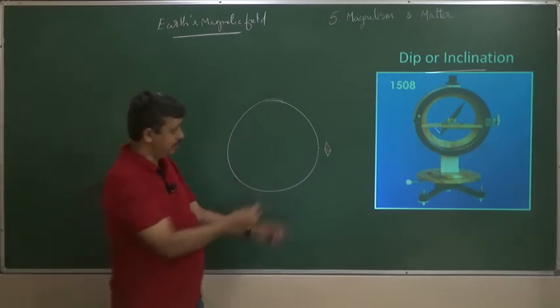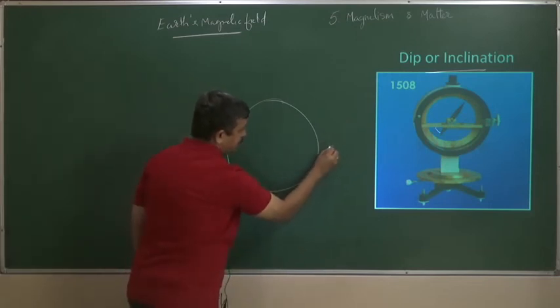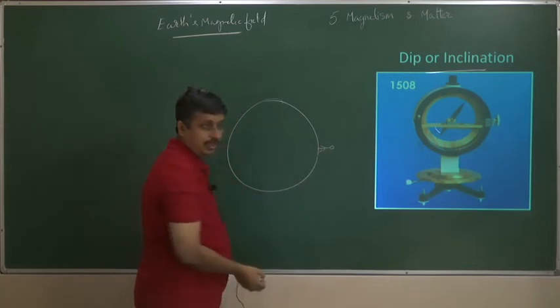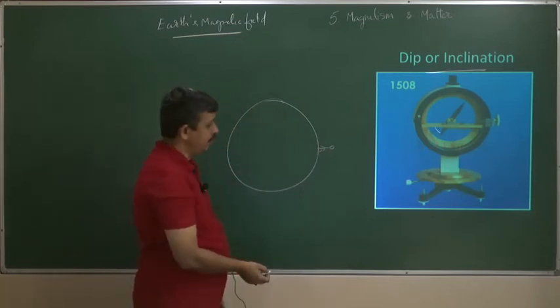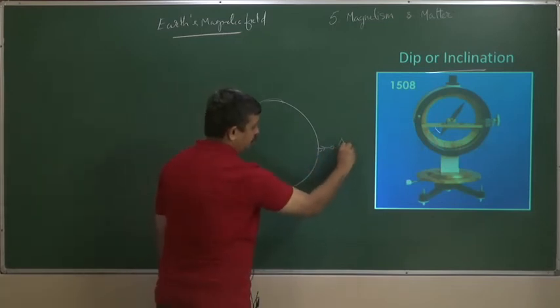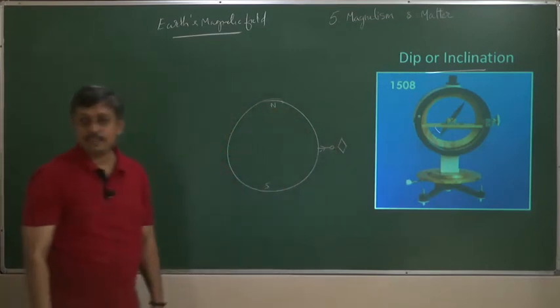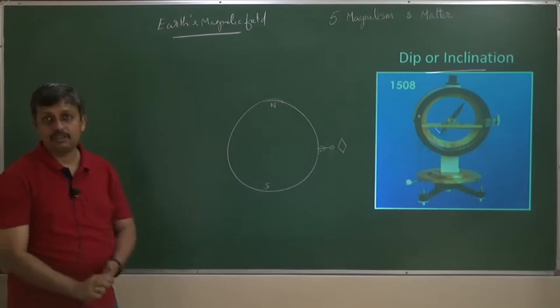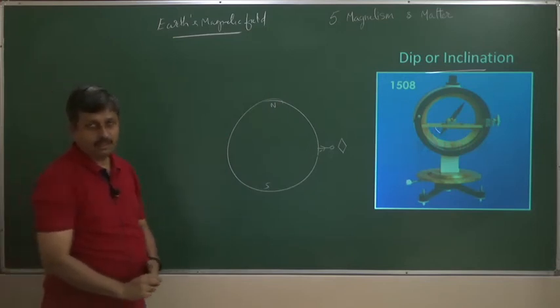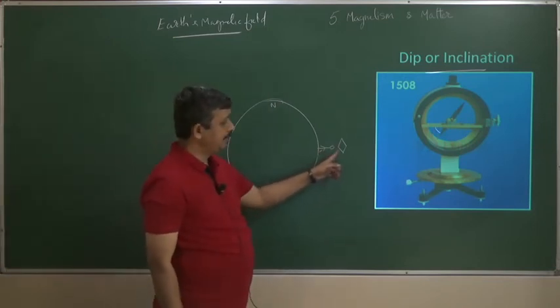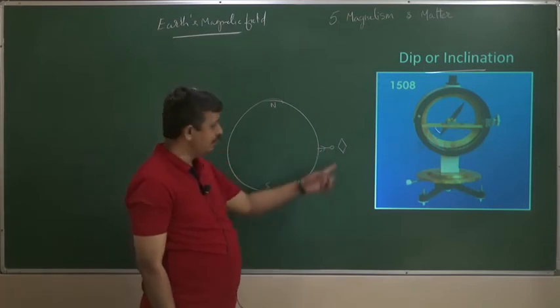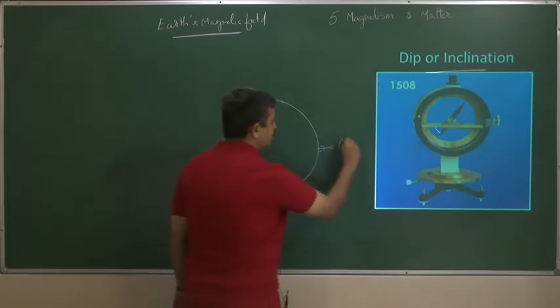If you are standing like this, what is horizontal to you? This is horizontal, this is north, this is south. Imagine properly, this is horizontal, it's not vertical.